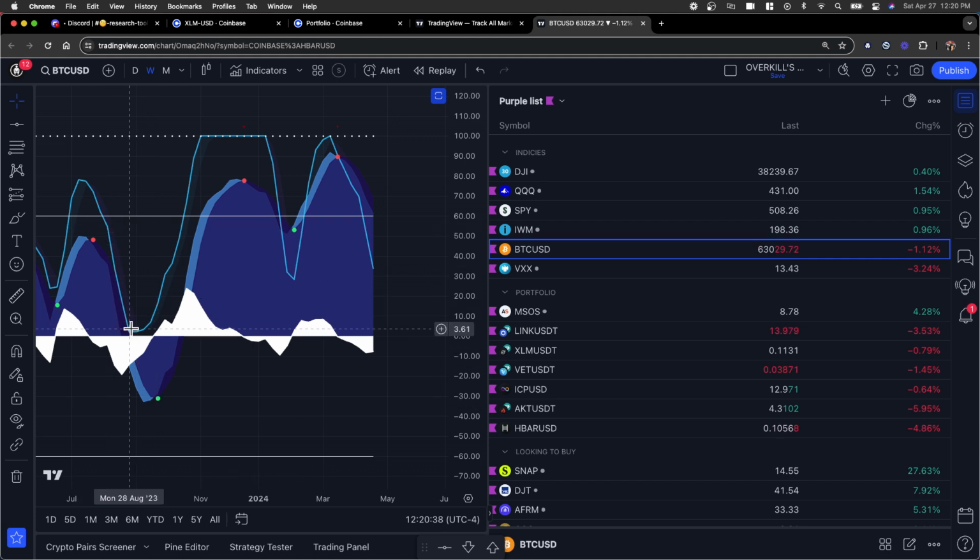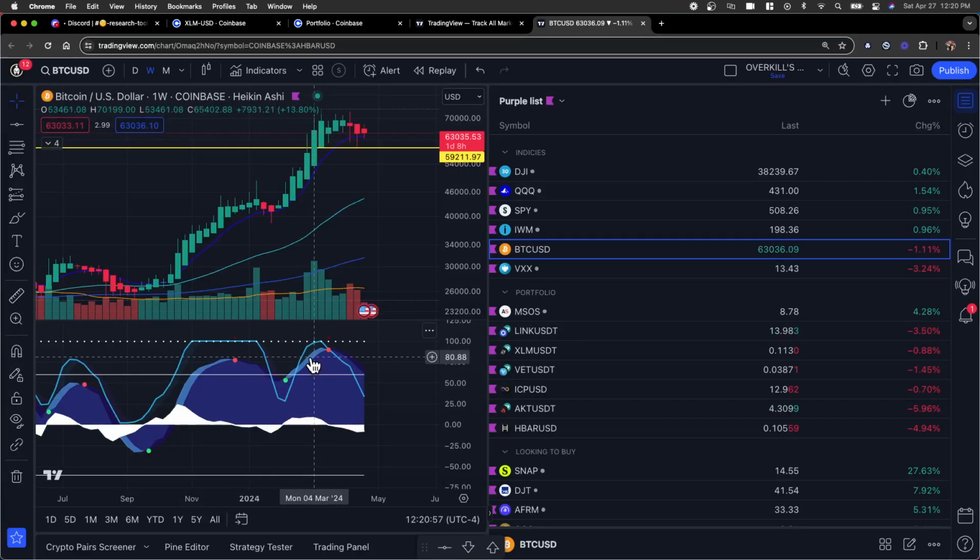So again, starting the position at the bottom of the wave, because as traders, we're buying the bottom of the wave and selling the top of the wave. Once we get to the bottom of the wave, we can start our position, right? Boom, 5% of our position goes in. Another 5% or 10% or 15% on the green dot. The green dot is the most confident indication that we are going higher.